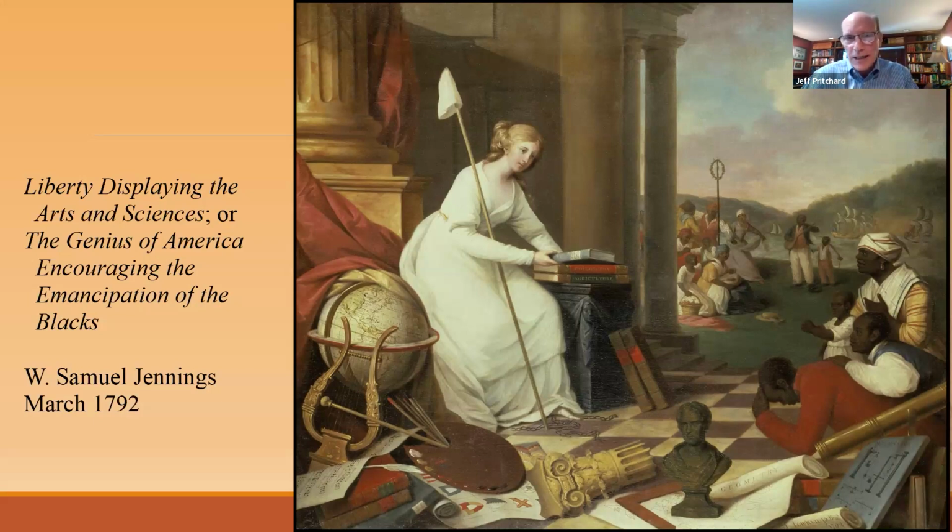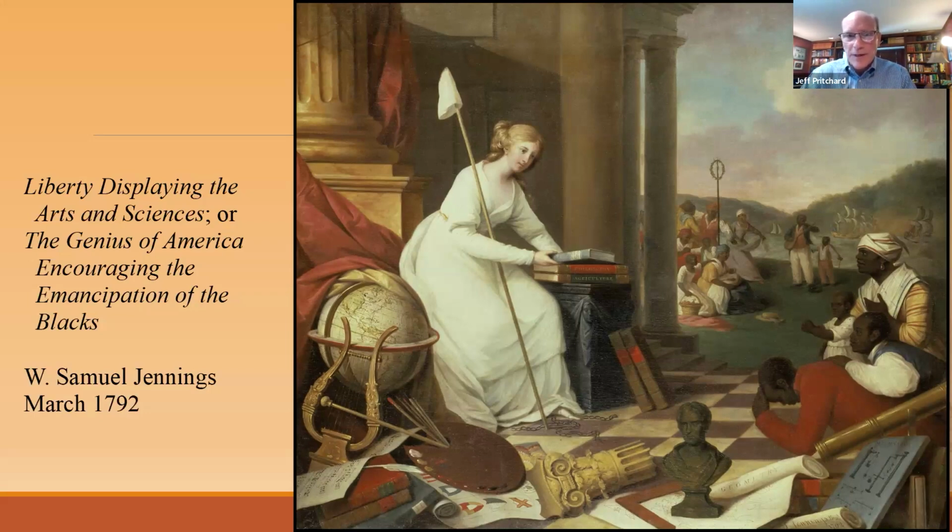Jennings was actually criticized for his portrayal of Liberty in this painting. He was kind of considered a mediocre talent. This is actually his seminal work. But he was criticized because he portrayed Liberty in clothing of his era, as opposed to Greco-Roman robes or something.